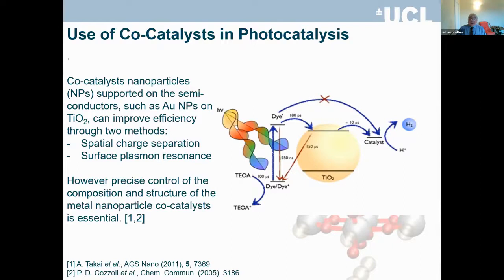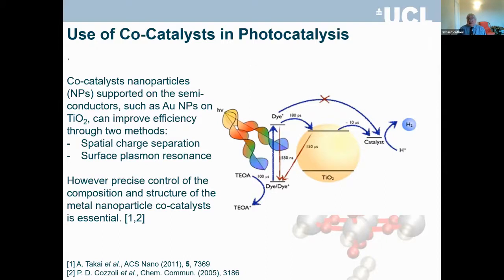So the role of the co-catalyst, which is a metal nanoparticle on the surface of the TiO2, essentially is to trap electrons from the conduction band of the TiO2, and once the electrons are on the nanoparticle, they can effect reduction of the hydrogen.